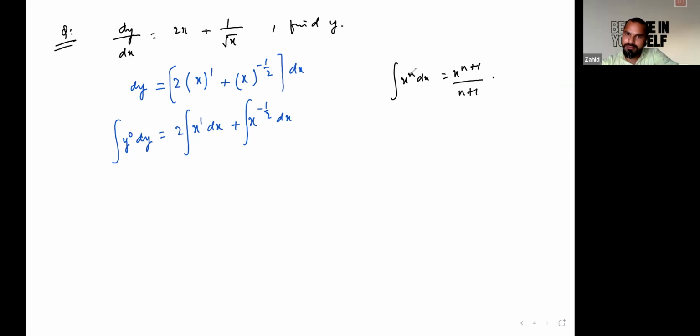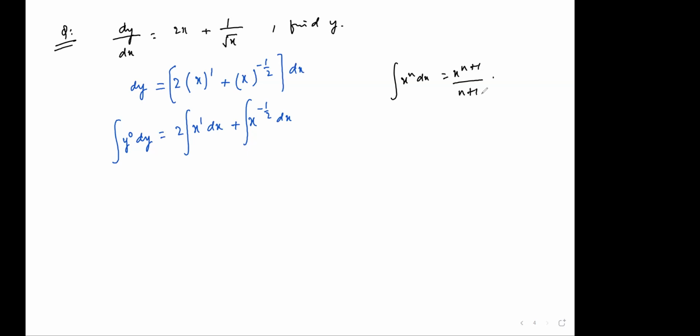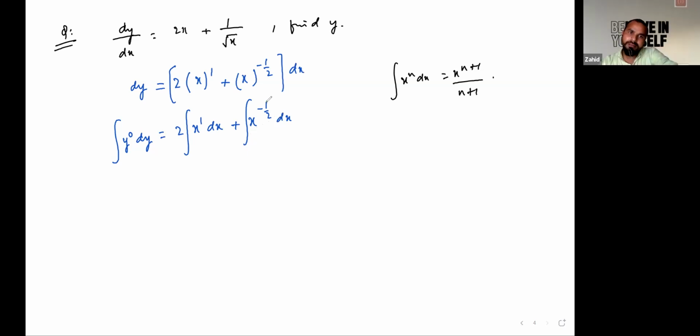So n is nothing but 1. So I can write them as x to the power 1 plus 1 over 1 plus 1. Okay. Similarly, in this particular expression, x raised to the power minus half, it becomes minus half plus 1 divided by minus half plus 1.